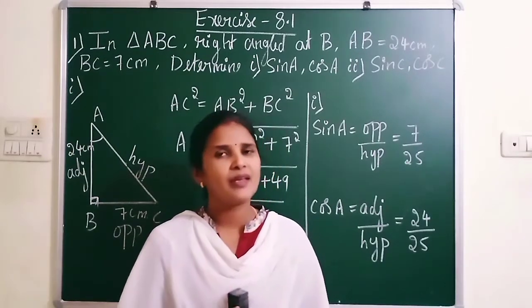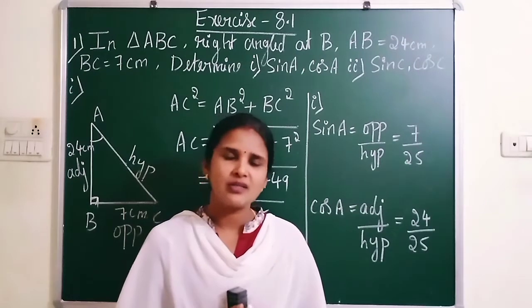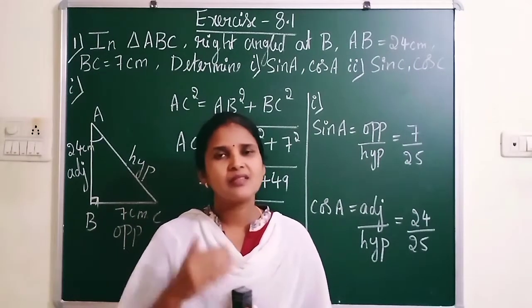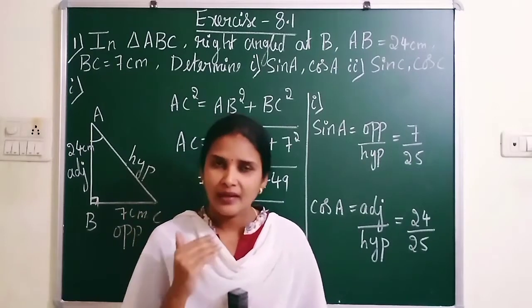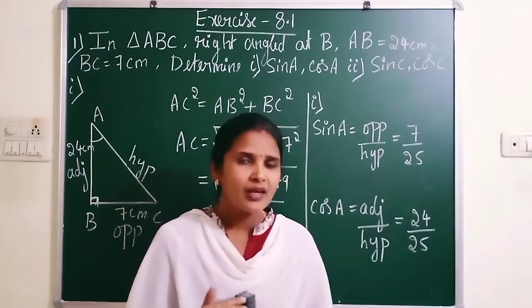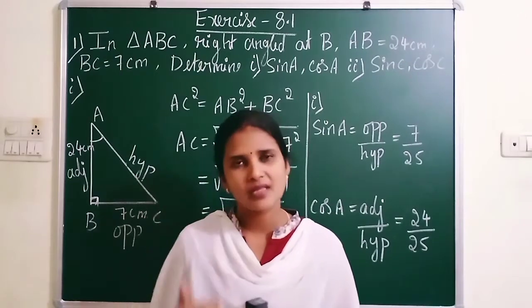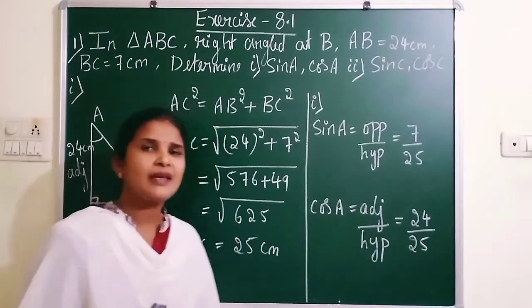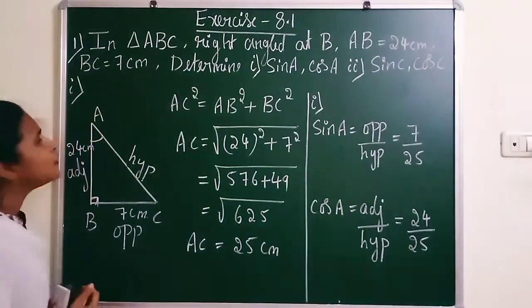Along with that I explained some key points: tan A can be written as sin A by cos A, and cot A can be written as cos A by sin A. So now let us continue the same chapter with the first exercise 8.1, the first question.